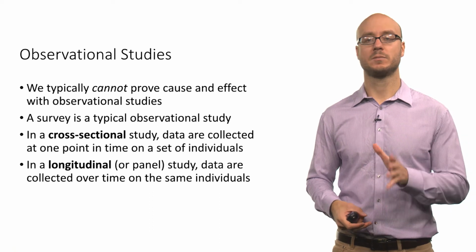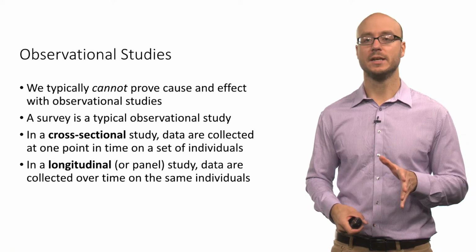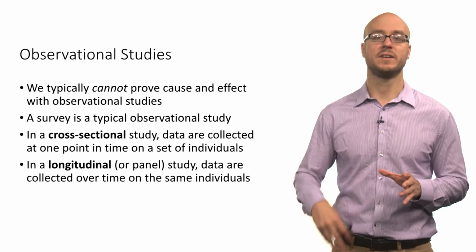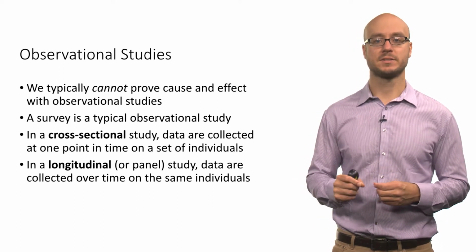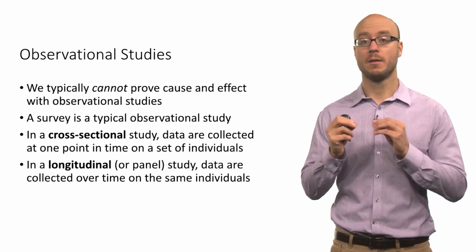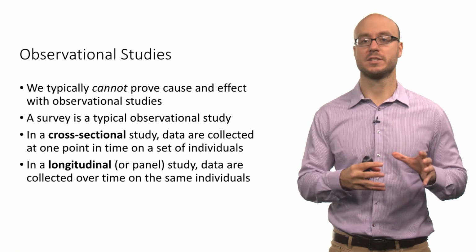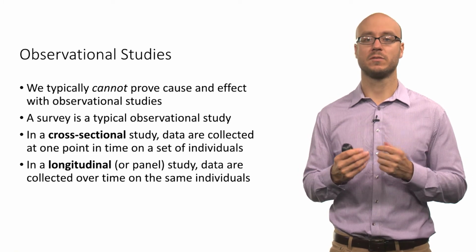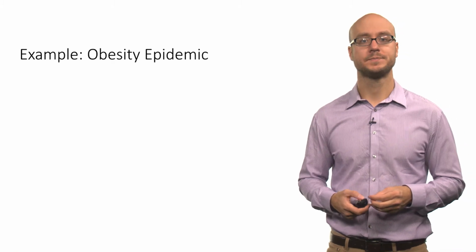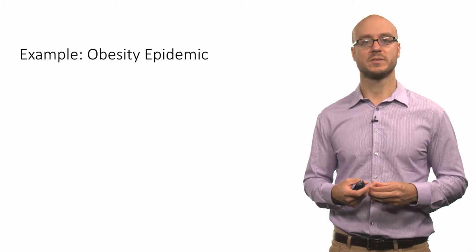So if you ask people a question in 1950, and then you ask the same group of people a question in 1955, 1960, that is a panel study because you're collecting data over time on the same individuals. Panel studies are much more expensive than cross-sectional studies, but they can be useful for analyzing trends and patterns in data.